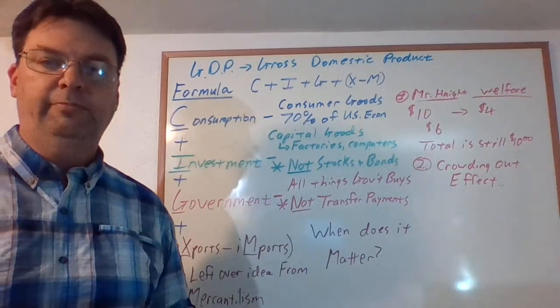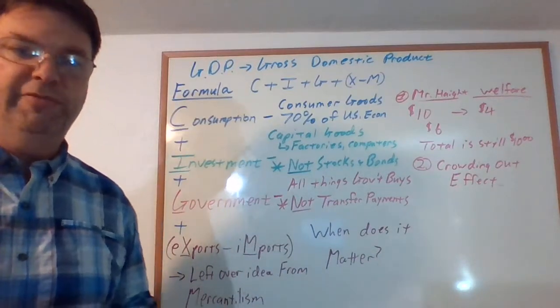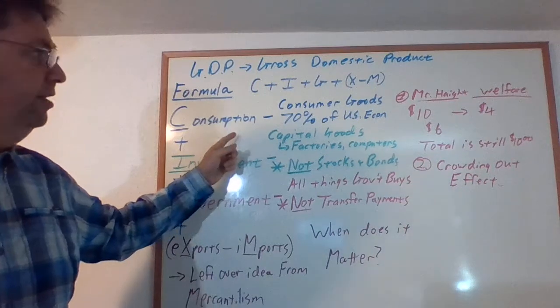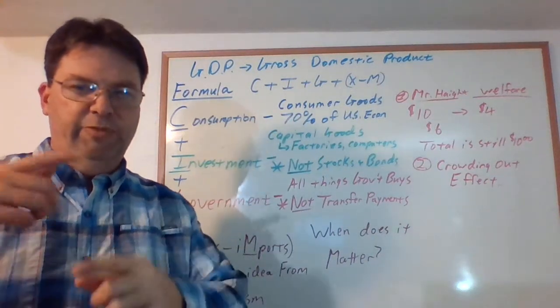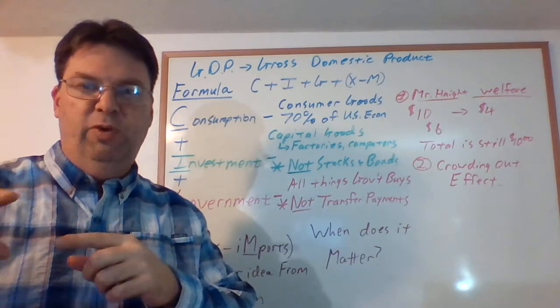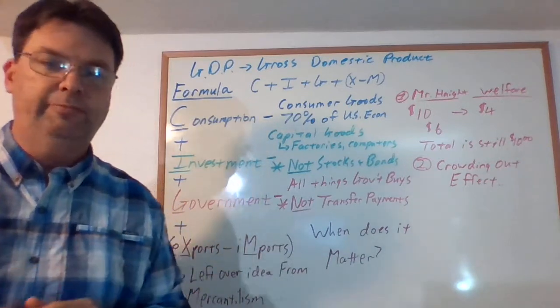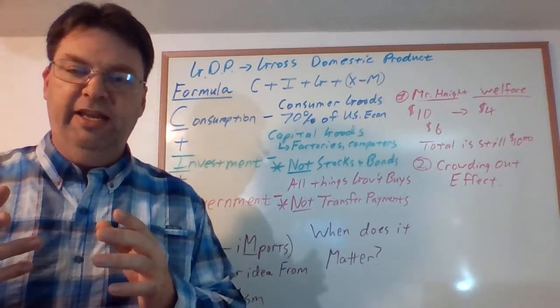Okay? So the C in this part of our GDP formula stands for consumption. And consumption consists of consumer goods. So you got to rewind all the way back to chapter 1 when we talked about consumer goods versus capital goods. Consumer goods are things that are made and then they're gone.